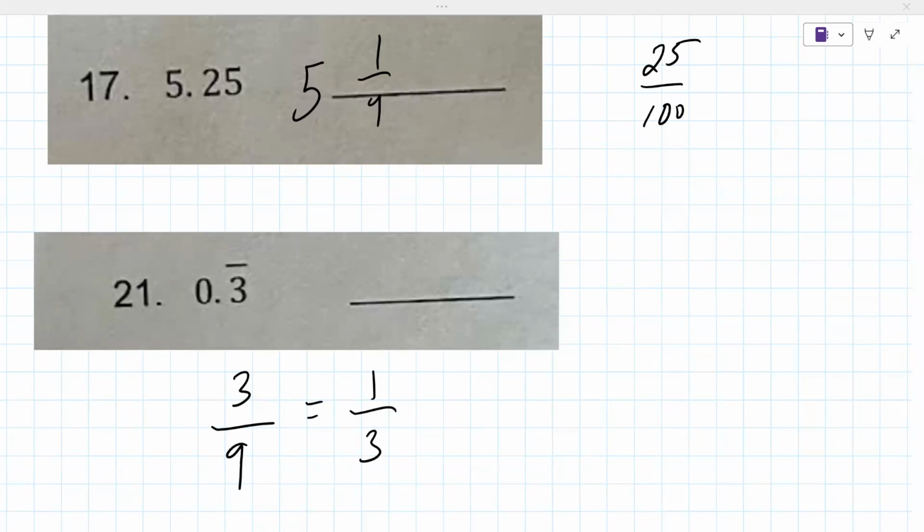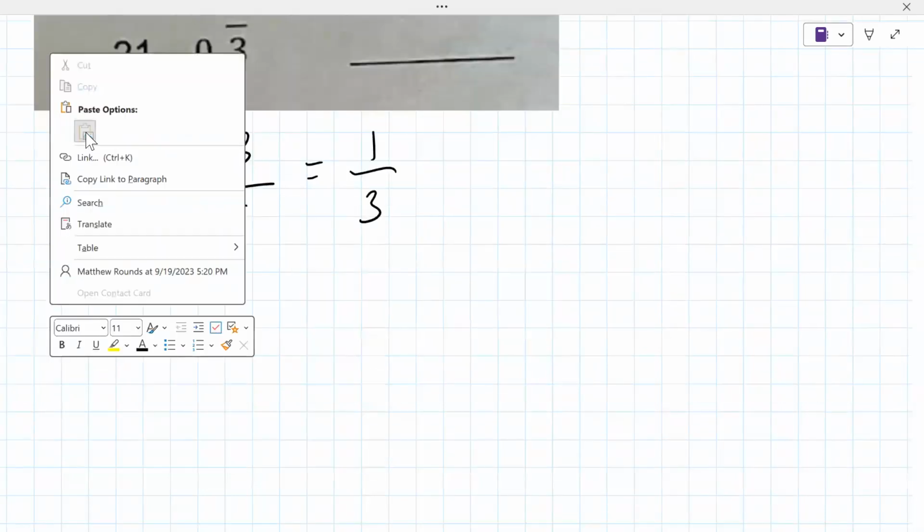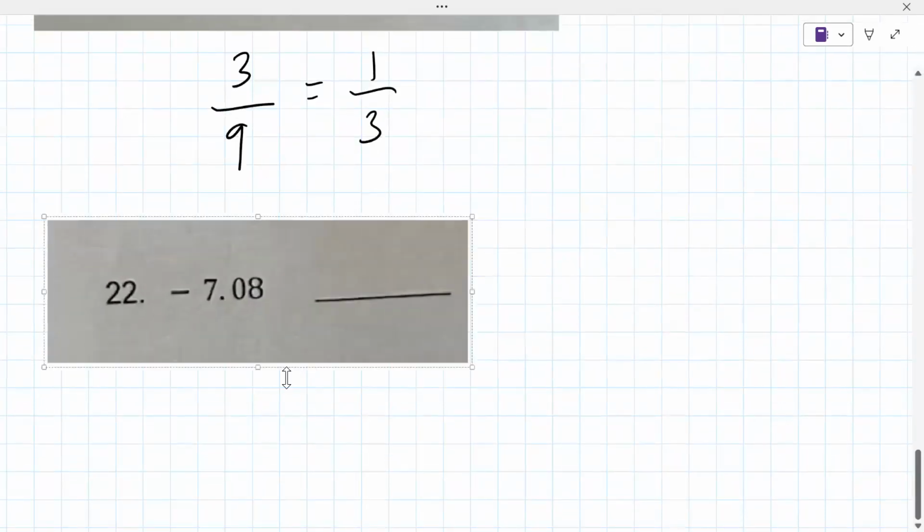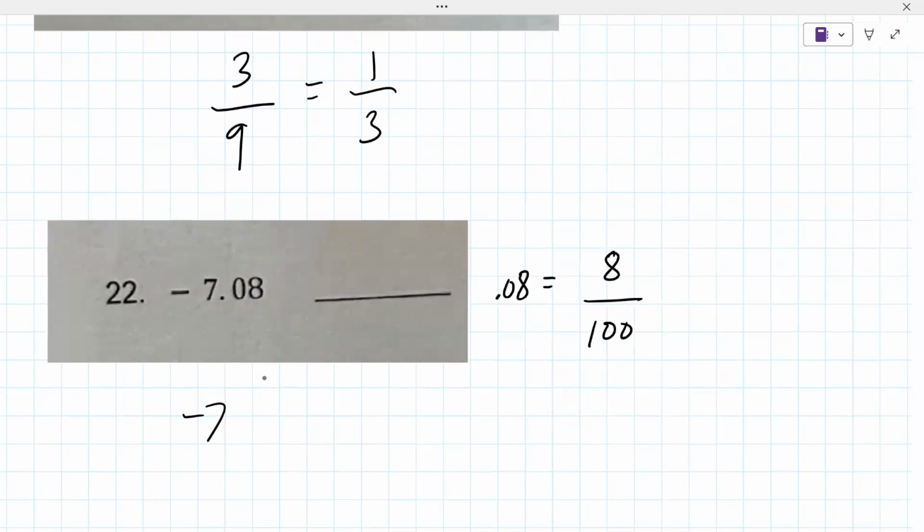Negative 7. So that becomes 80 over 100, or 8 over 100, 0.08. You've got to reduce that fraction.